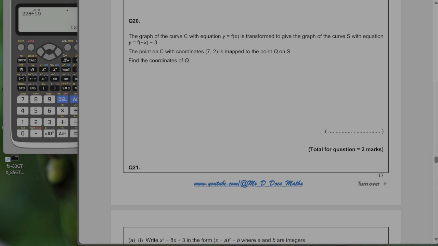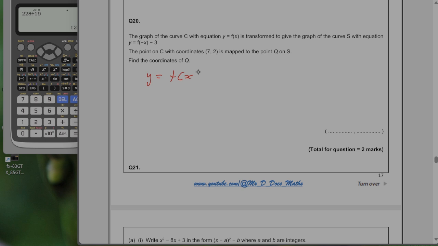Okay, I'm going to do it in two stages. So y is equal to f of x has the coordinate 7, 2. If that point is going to become y equals f of minus x, that is a reflection in the y-axis. So that would be the point minus 7, 2.